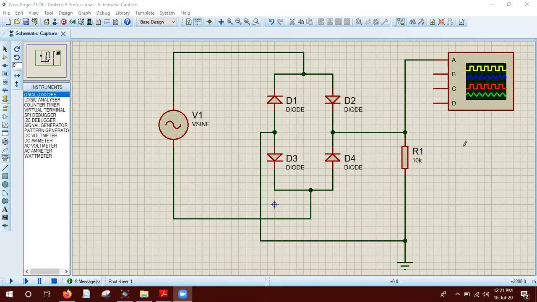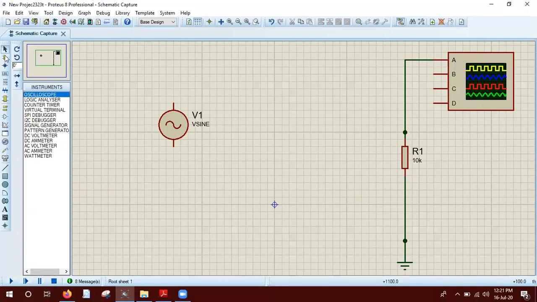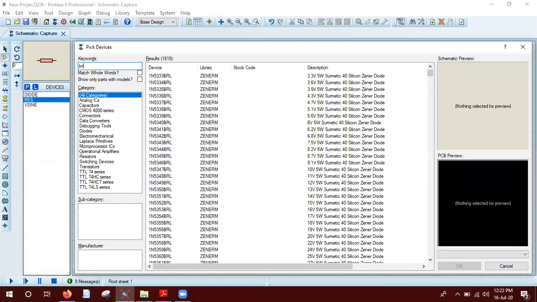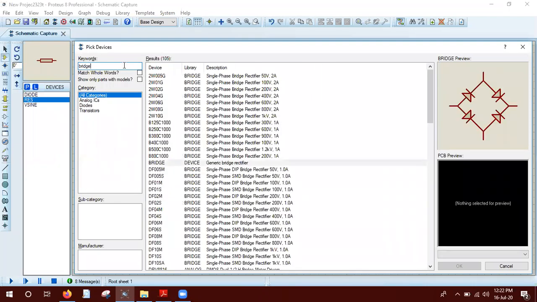Okay, so what will be next? Suppose here we have built the diode bridge. Interestingly, in the software, a diode bridge is available. How to find that? Go to the component mode, go to the P, that means pick device, and write bridge.